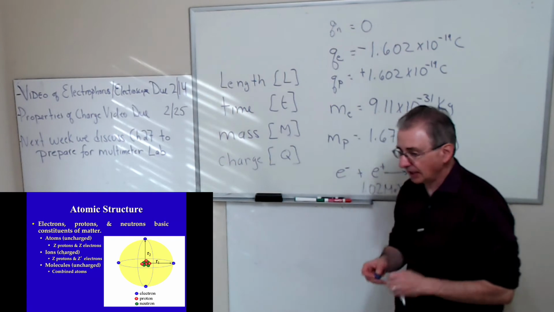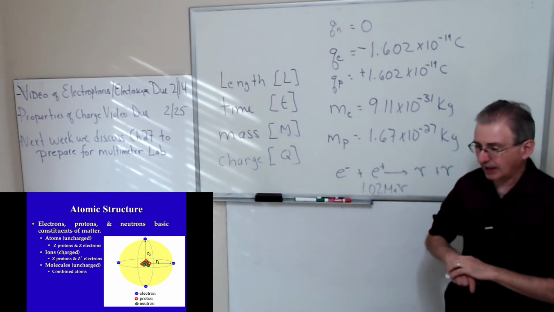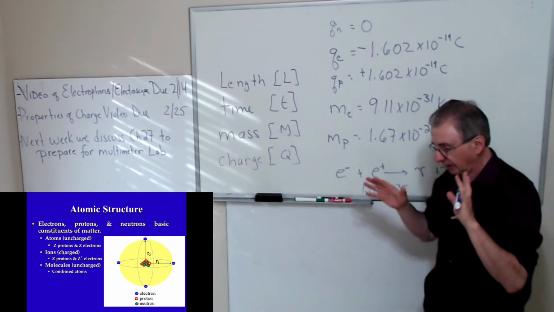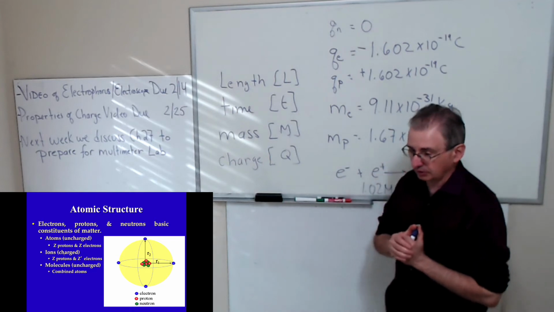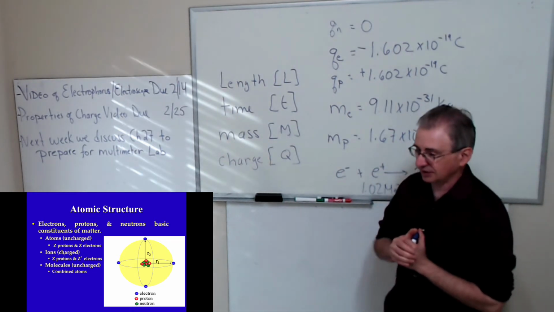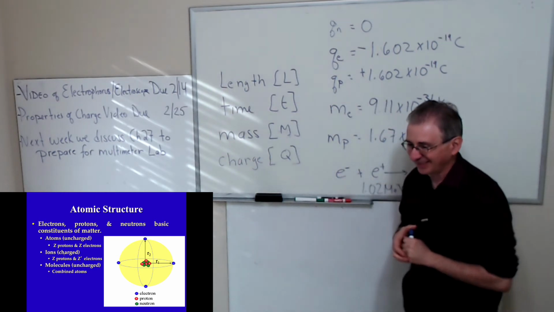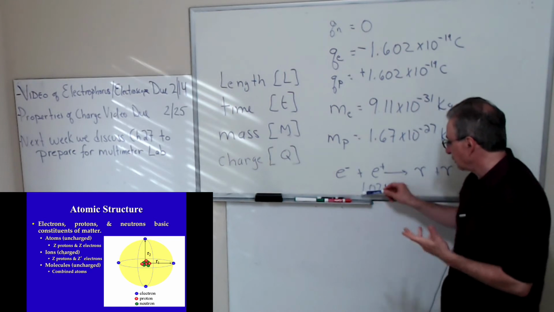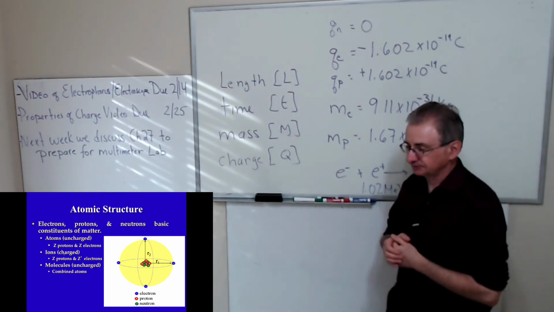So let me just say, before I start talking about the electrical properties of matter, and by the way, I'm going to be very simple-minded in terms of how I'm going to describe things here. Okay, even that picture you see there regarding the atom is not really correct. Okay, so we talk about atomic structure.